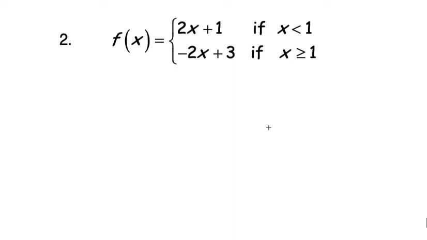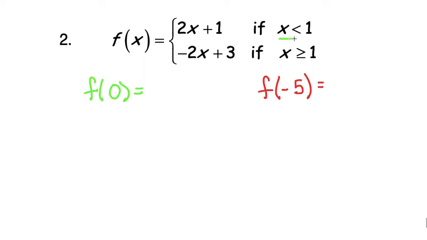Let's try another example. Let's say f of 0 is, and f of -5 is. For f of 0, I'm looking for which one of these functions deals with 0.